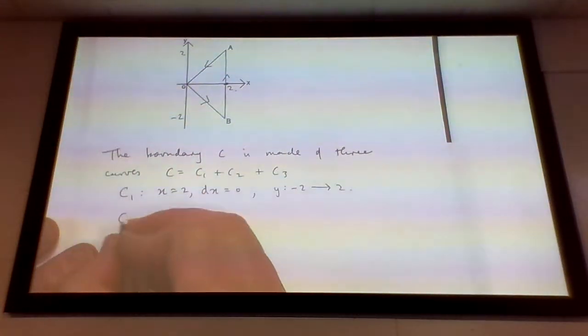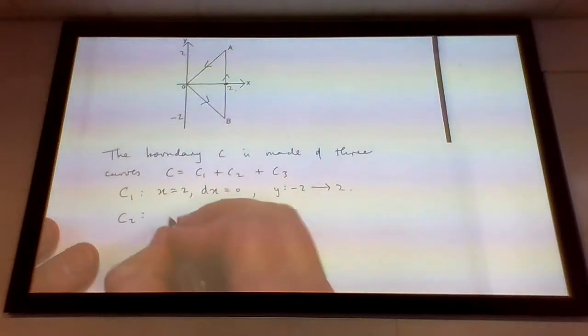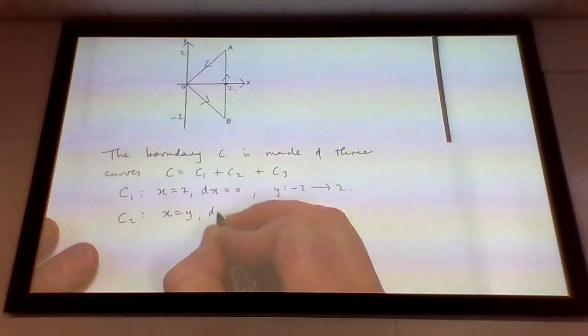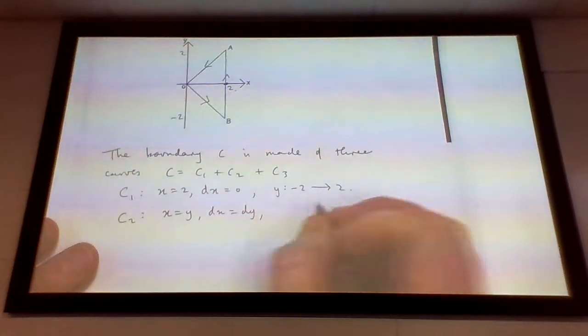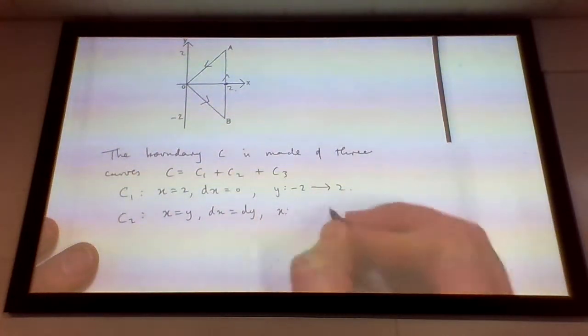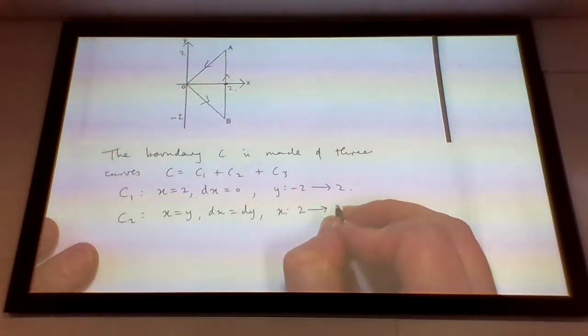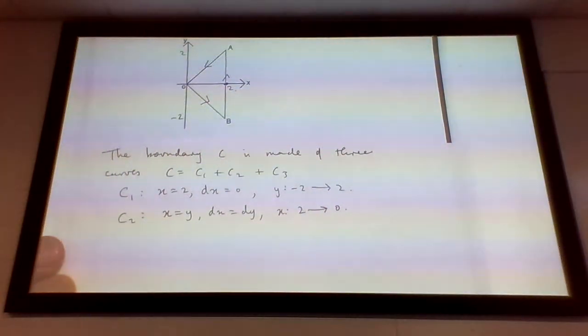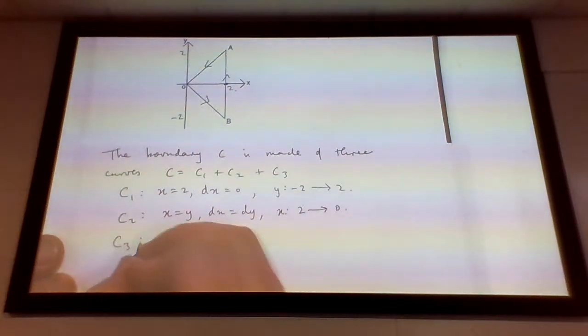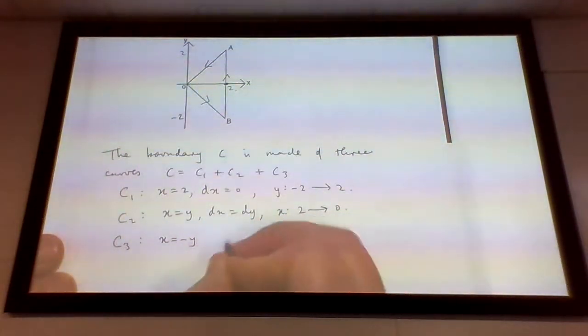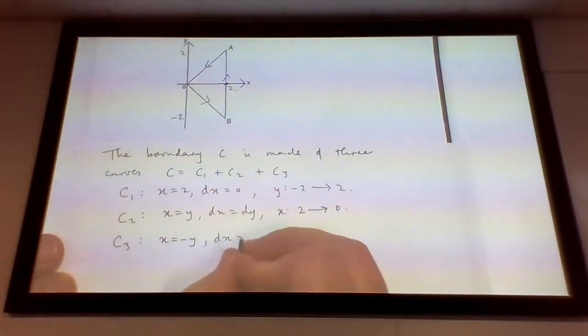Then C2 will be coming down there. So, well, that's the line x equals y. So dx is equal to dy. And we just need to specify one of the coordinates. X proceeds from 2 down to 0. And on C3, we're going along this curve, which is the curve x equals minus y. So dx equals minus dy.